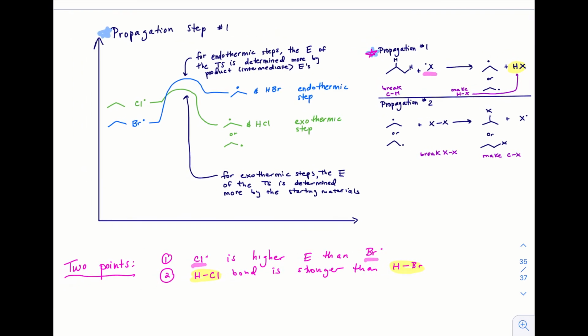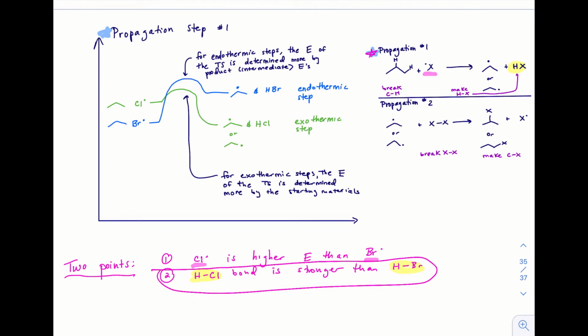And there's two key points. The first is that the chlorine radical is higher energy than the bromine radical. So you see I've put the chlorine radical plus the alkane a little higher energy than the bromine radical plus the alkane. And yes, I'm using a different alkane for simplicity's sake. I'm using propane. The second important point is that the HCl bond that is formed in propagation step 1 is stronger than the HBr bond that would be formed in propagation step 1.